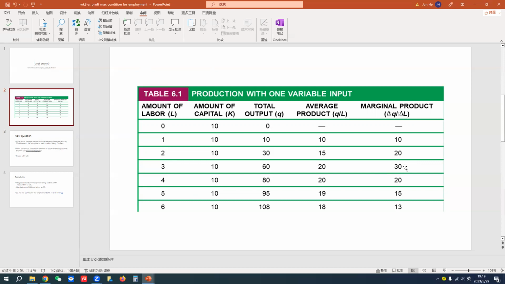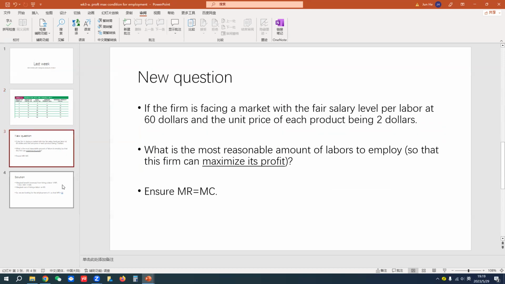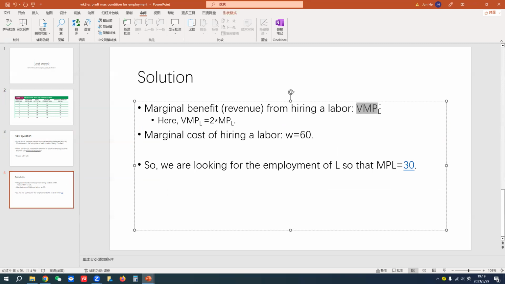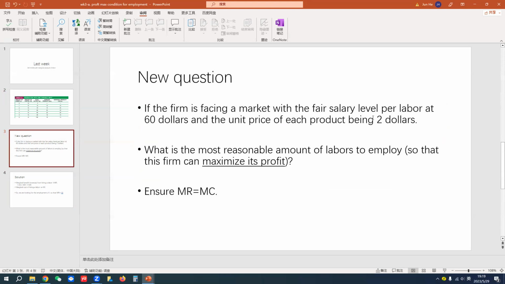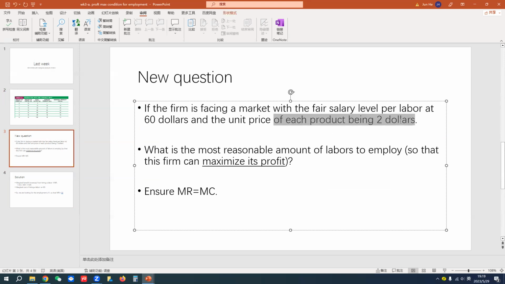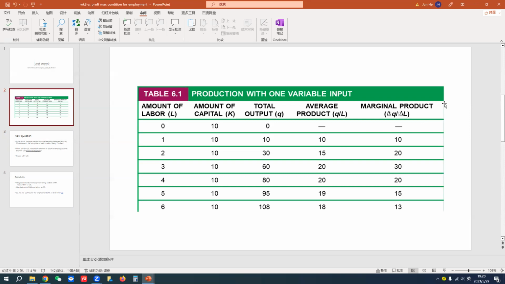But here, that is not a dollar value. So we need to convert this into dollar value, right? So here we introduce a concept which is the value of marginal product. In this case, we say each product is priced at $2. Then here we can add a column, which is called value of marginal product, and that is nothing surprising: the output amount multiplied by the unit price.